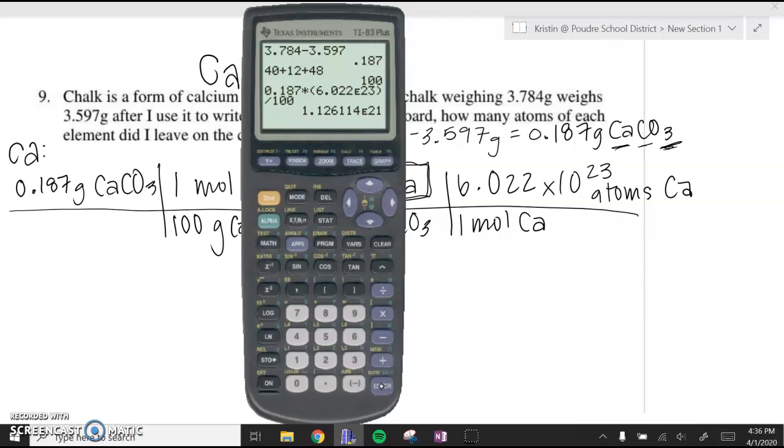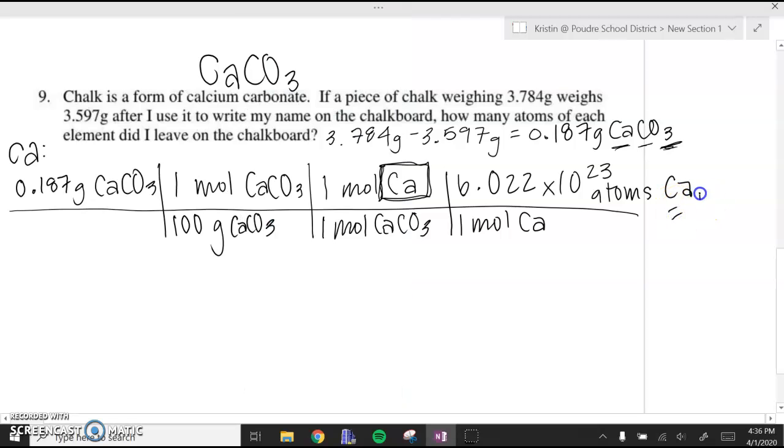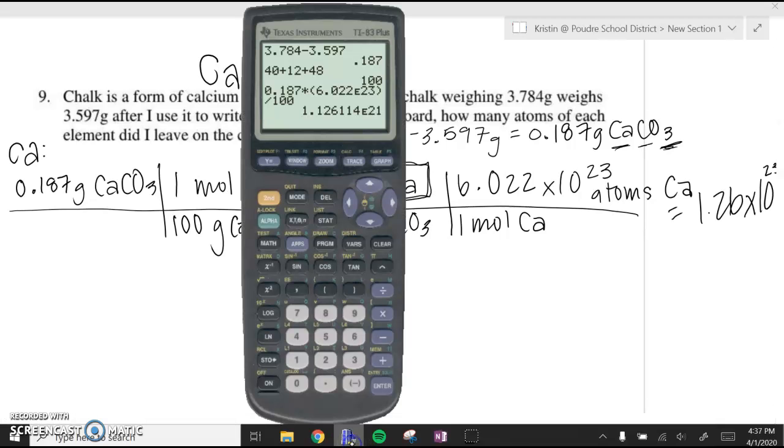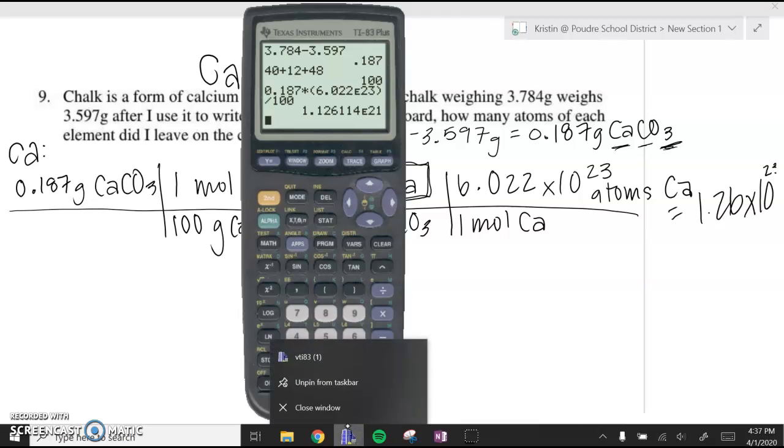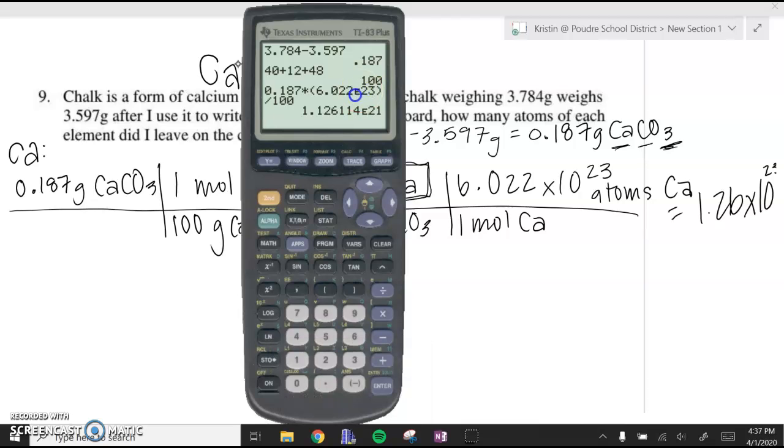Okay, so this should give us about 1.26 times 10 to the 23rd calcium atoms. And just a little side note, this little double E on the calculator, and it's just a single E when it shows up on the screen, is just a symbol that means times 10.